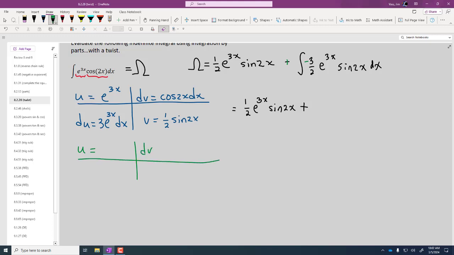So if you let u be the exponential up here, then you want to let u be the exponential down here. I'm going to treat negative 3 halves e to the 3x as one function, so u is negative 3 over 2 e to the 3x. And for the dv, we put the trig function, sine of 2x dx.